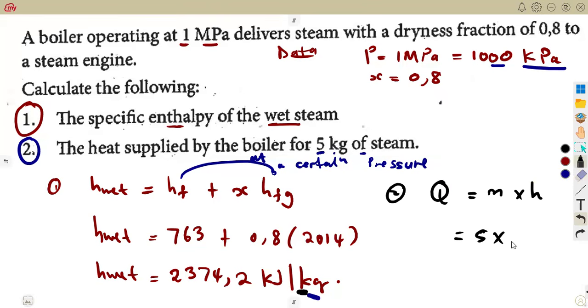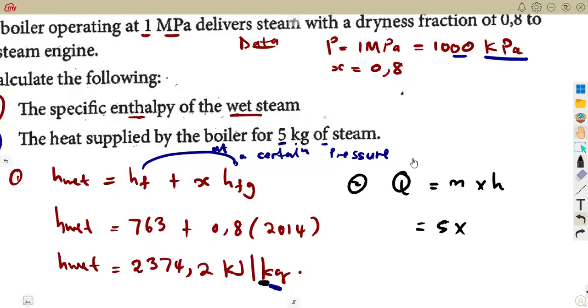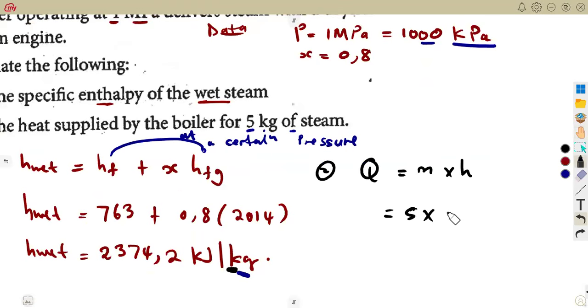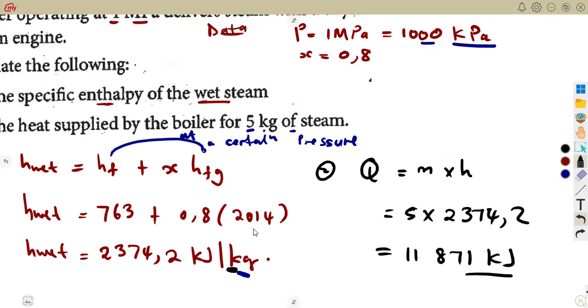So just like that, guys. The moment you multiply this, you are going to have the heat now, which is in what? In kilojoules. So that was going to give us 11,871 kilojoules. So you can even write this as Q wet. Then here you write Q wet or H wet. It's up to you.